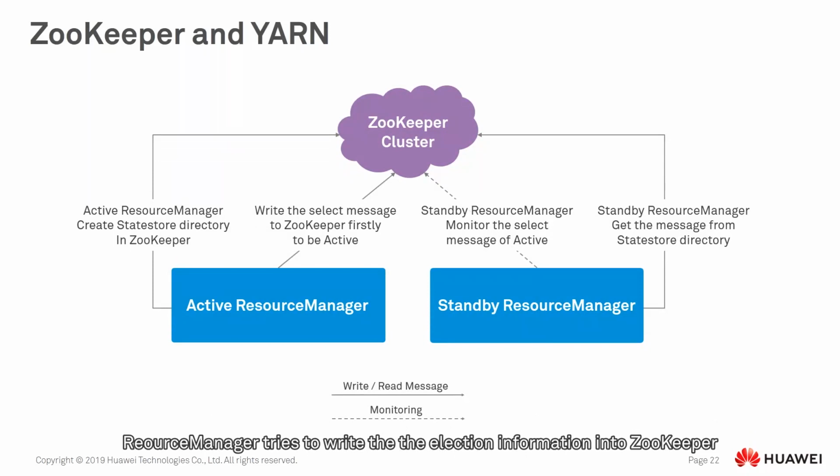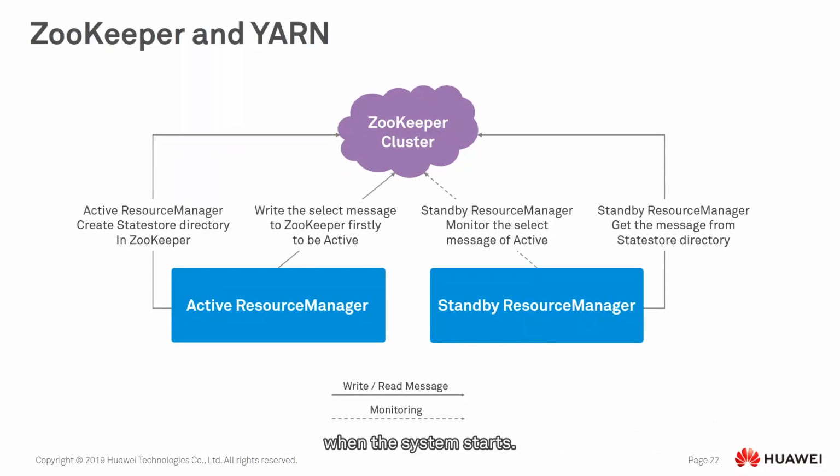The ResourceManager tries to write the election information into ZooKeeper when the system starts. The ResourceManager that writes the information into ZooKeeper successfully first is elected as the active ResourceManager. The other one is elected as the standby ResourceManager.